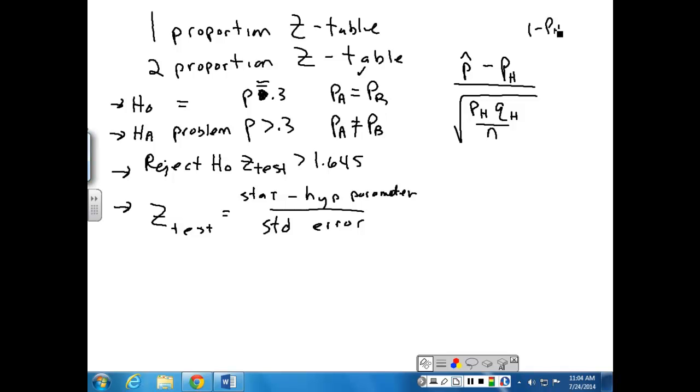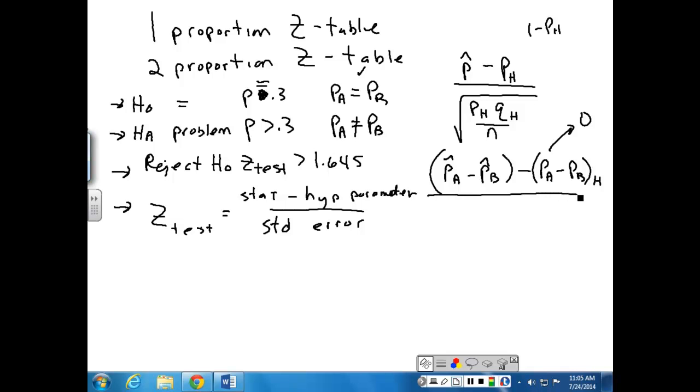For the two sample proportion test, the statistic is p hat A minus p hat B, minus the hypothesized difference, which, like the two sample t-test, is always going to be 0. Again, it could be something different than that, but we will only do the case of simple differences, so we'll use 0 for that.